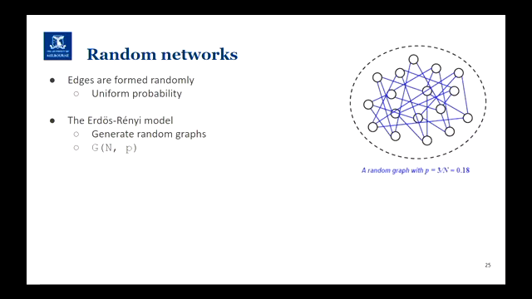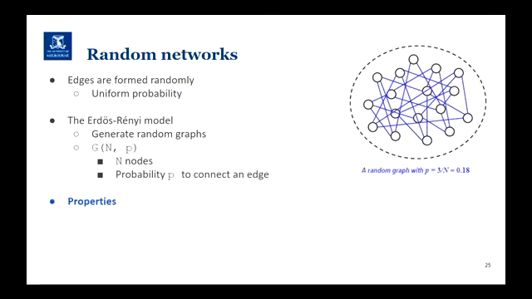For each of those, if my probability is 1 out of 6, I basically will roll a dice. If it lands on 6, I create the edge. Otherwise, I don't, okay? And that's basically what happens with that model. Edges are randomly attributed with n nodes and a given probability p.